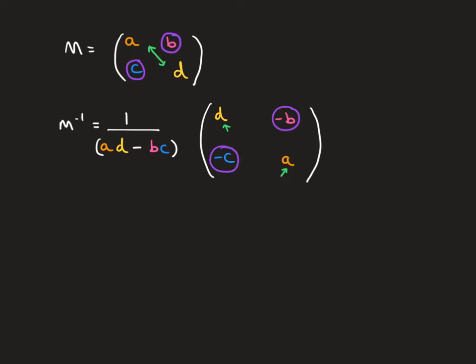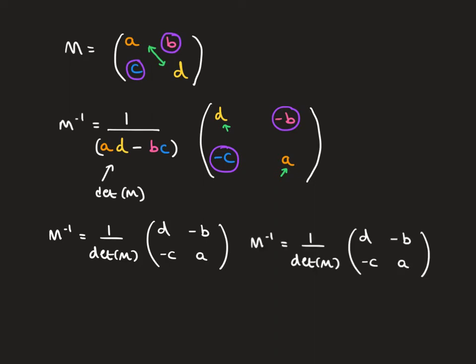And of course we have 1 over the determinant in front of the whole thing. So we can say that M minus 1 is 1 over the determinant of M and then we have these components here and here. And I think we really need to illustrate this with a numerical example.